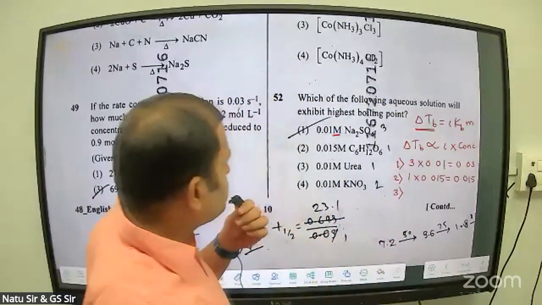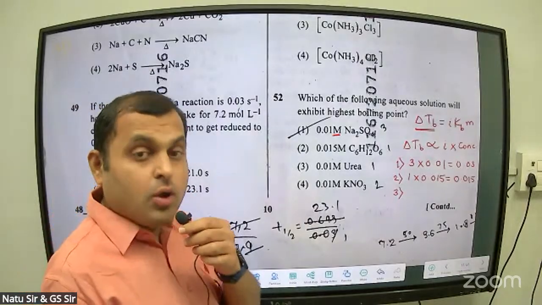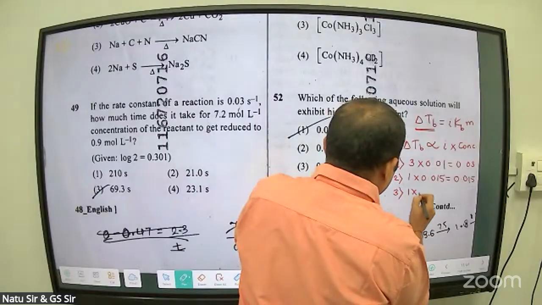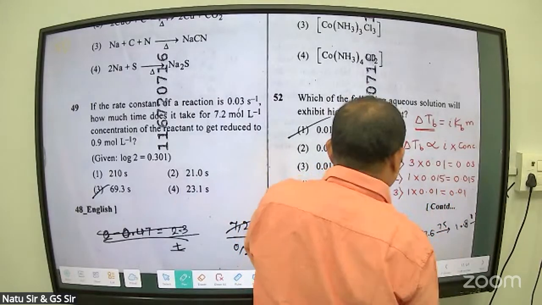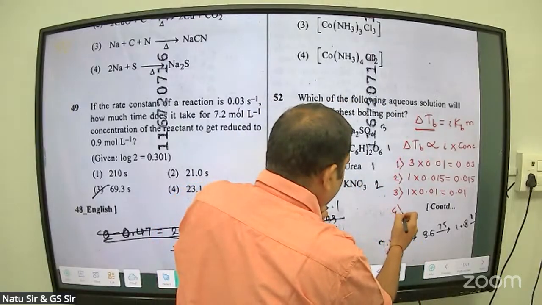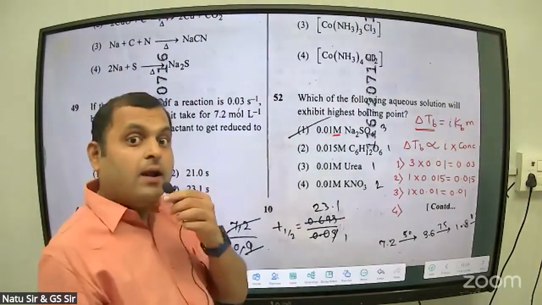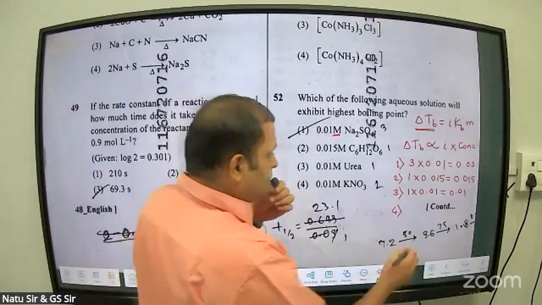For the third one, it will be 0.01 into 1 only, because urea is also a non-electrolyte. So 1 into 0.01, it is 0.01. And then the fourth one, 0.01 molar, and KNO3 will produce two ions, one potassium ion and one nitrate ion.